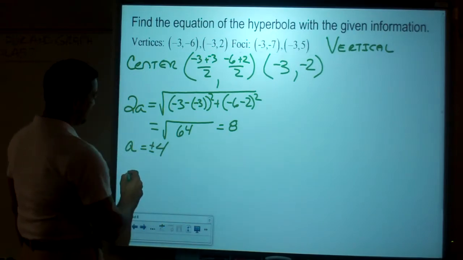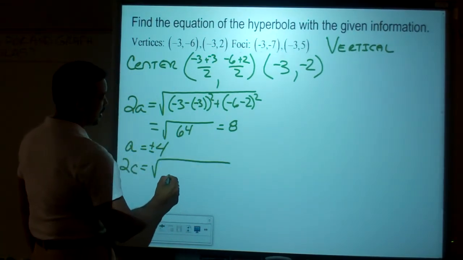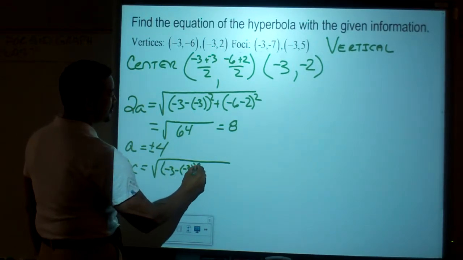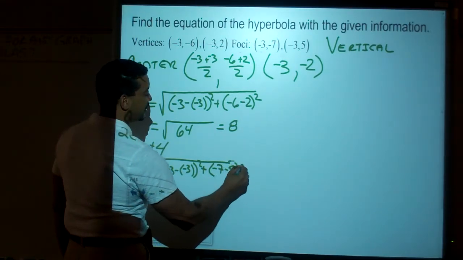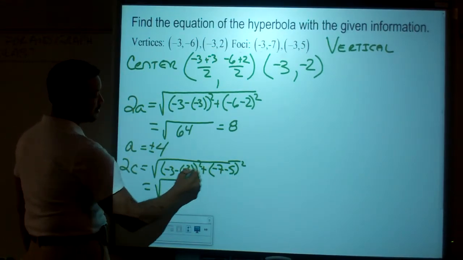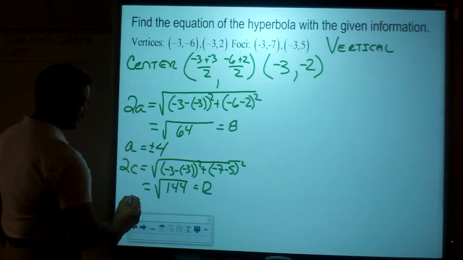With our foci, we got 2c is equal to the square root of (negative 3 minus negative 3) squared plus (negative 7 minus 5) squared, which is going to give us the square root of 144, which equals 12.